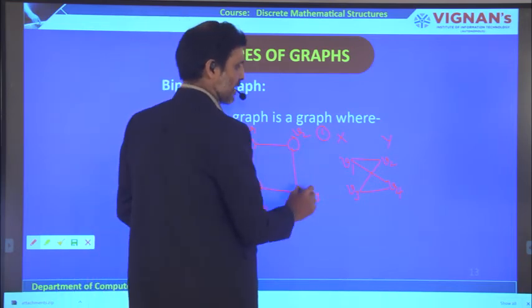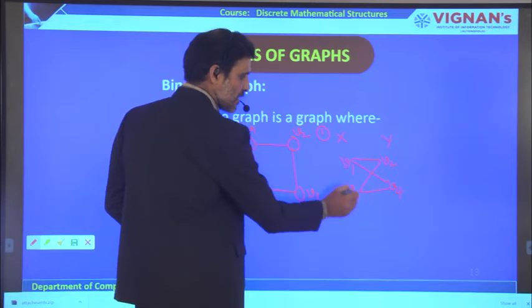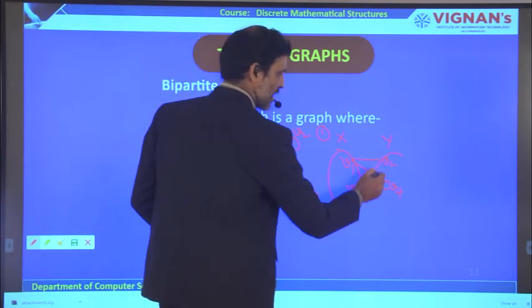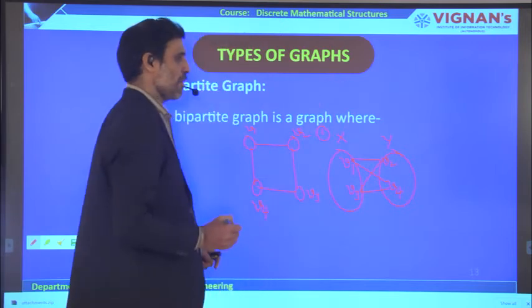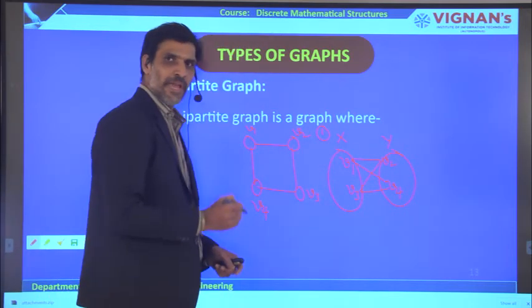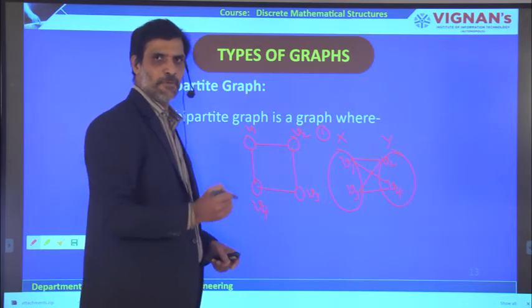And the third important point is that you should not connect these 2 vertices. Why? Because they belong to the same set. These vertices belong to the same set, and these vertices belong to the same set. You should not connect these vertices. Then we can call it a bipartite graph.